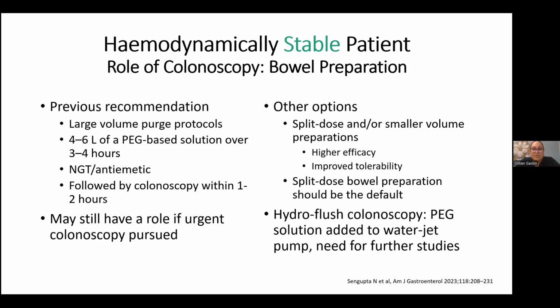These recommendations for split prep are based on more recent observational and randomized trials. Split prep should be the default for patients undergoing elective or next available inpatient colonoscopy after a stable acute lower GI bleed. However, obviously in patients in whom urgent colonoscopy is pursued, the large volume purge protocol may still be required.